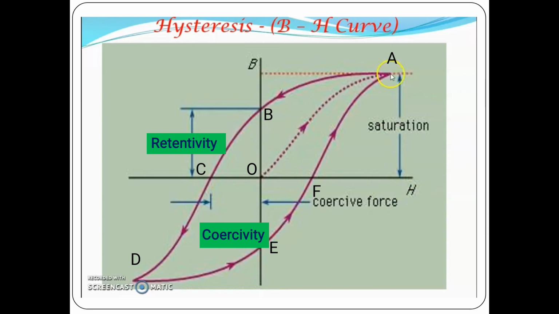After that, when we increase the external magnetic field, it increases again through point E and F and goes back to point A. So this forms a closed curve, and this curve is called hysteresis.